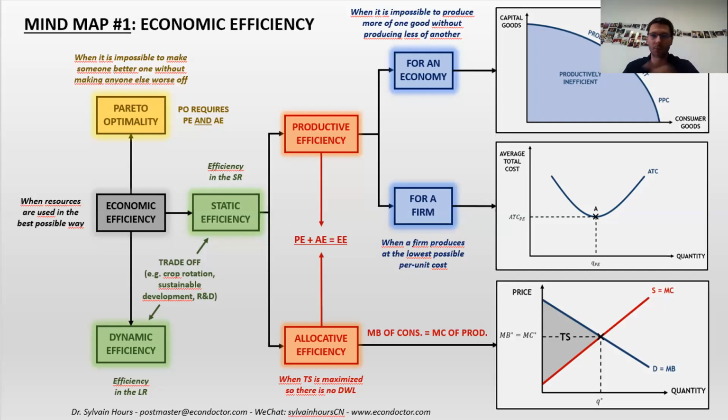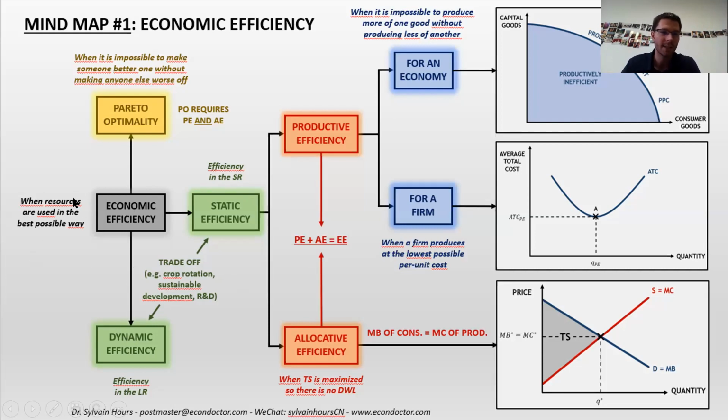So I'm not going to go through everything, but this is the mind map on economic efficiency. Pareto optimality is a bit aside because again, it's quite different from everything else. Then there is the trade-off between static and dynamic efficiency. You see in black here, you have the definition.